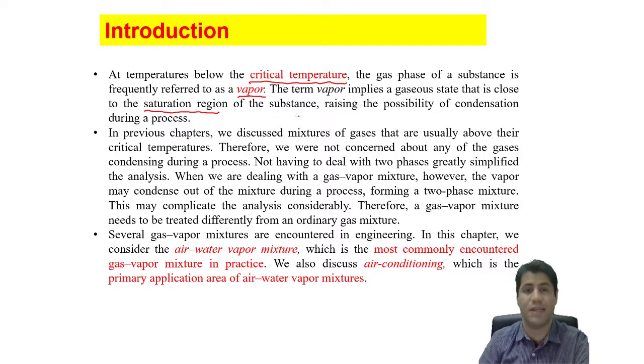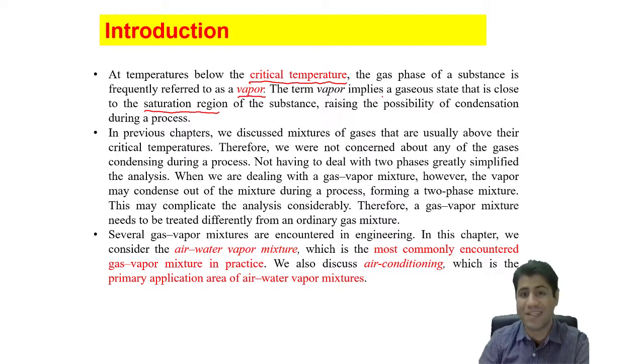If you remember in the graphs which I have already introduced you to, in the TS diagram or PV diagram, we have different regions: the saturated vapor line, the saturated liquid line, the superheated region, the compressed liquid or subcooled liquid region, and also the saturated mixture region.